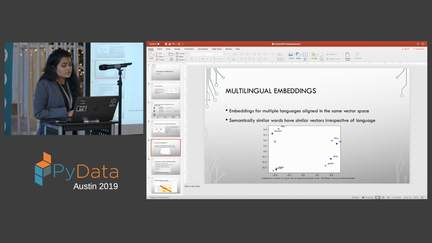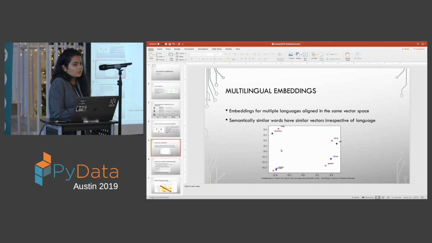This is using the Multilingual Universal Sentence Encoder by Google. I just created a simple plot of the vectors for man, king, woman, and queen, and also the same vectors for the corresponding words in Spanish. You can see that the corresponding words are in similar vector spaces on the plot.